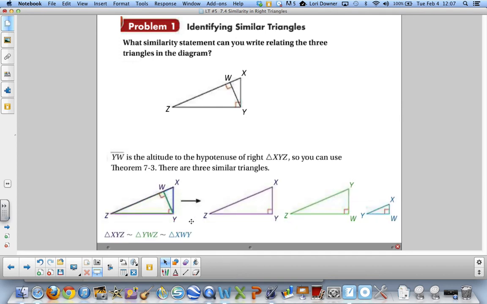If we color code each one, so the smaller one here is blue, this medium one here is green, and then the larger is purple, we see that we get XYZ is similar to YWZ is similar, not congruent, to XWY. Notice that you need to have corresponding angles in the same position.